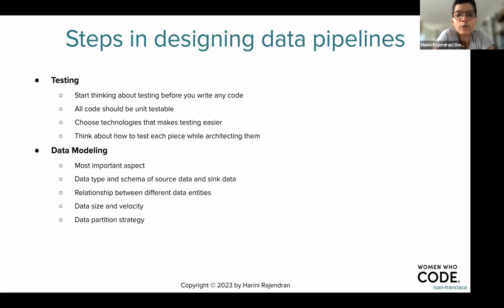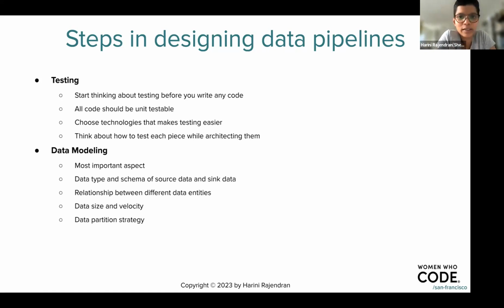For end-to-end testing, we simulate a predictable workload as the input, where we know what the exact output would be, send it through the pipeline, and verify that the expected output is produced at the end of the pipeline. We call it probe testing, because you pass a probe where you know what the result is, and then you just verify it. So that's one way of testing the whole end-to-end pipeline.